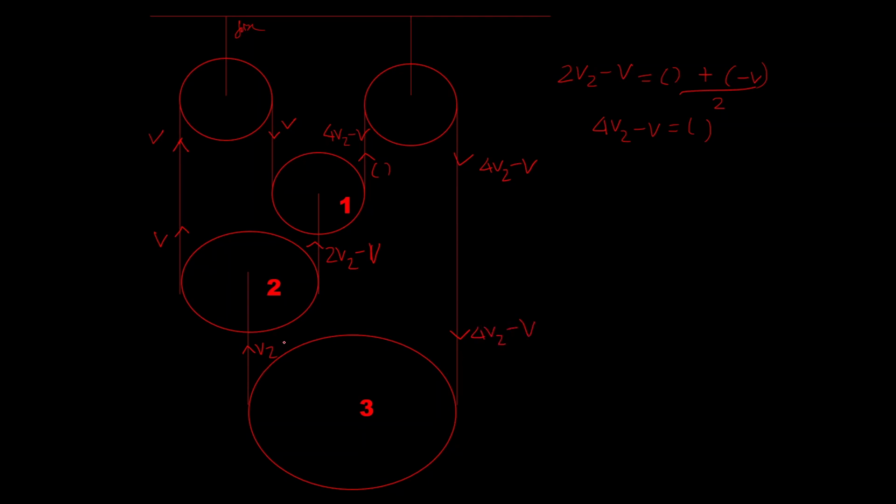Now observe, this part's velocity is V2 and this is 4V2 minus V. Okay, I had assumed that this is V3.